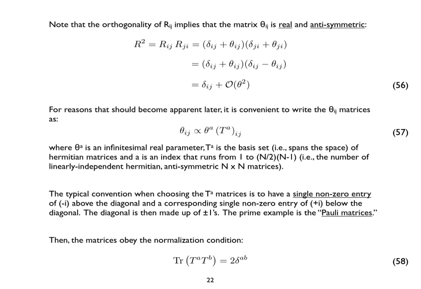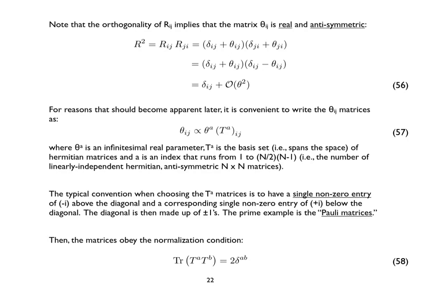This new matrix is typically what we call the generators of the group. Theta is an infinitesimal real parameter, so we're still dealing with infinitesimal transformations. You can think of these new matrices as a base set that spans the space that we're dealing with.